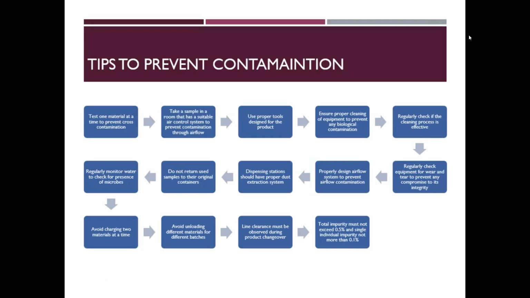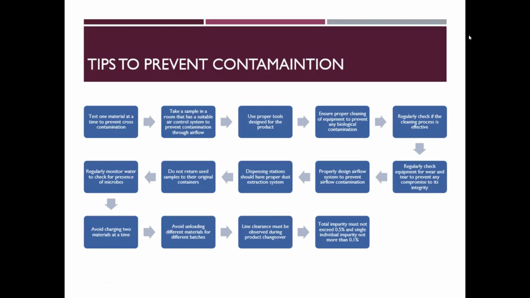Regularly check if the cleaning process is effective. Regularly check equipment for wear and tear to prevent any compromise to its integrity. Properly design airflow systems to prevent airflow contamination. Dispensing stations should have proper dust extraction systems, and never return used samples to their original containers. So only take out the amount you need, and if you have extra, you never return that back to the original container. Regularly monitor water to check for presence of microbes.